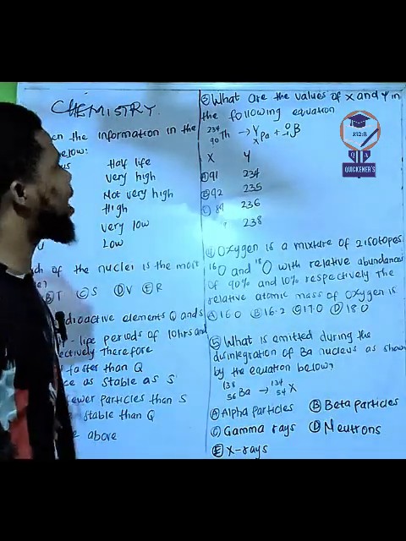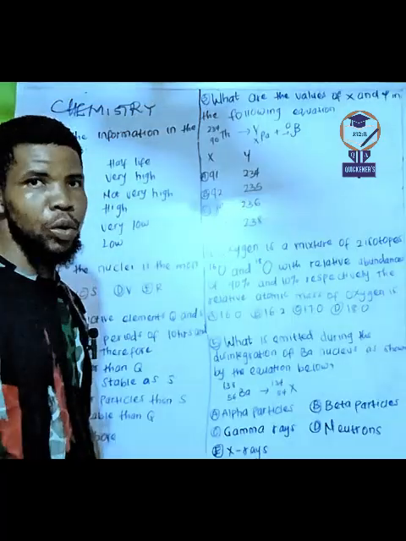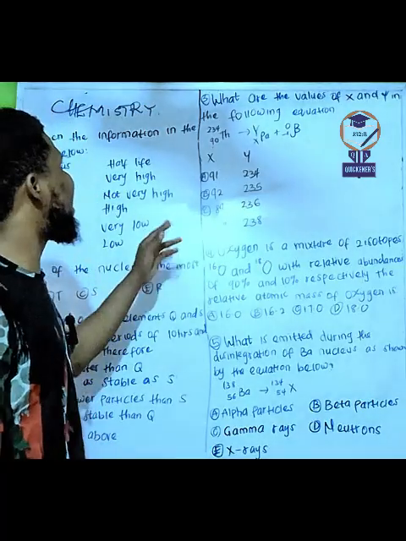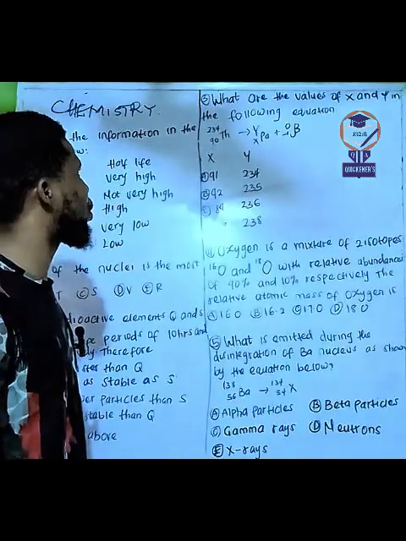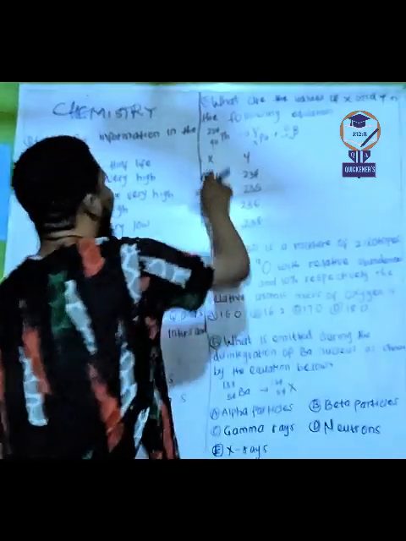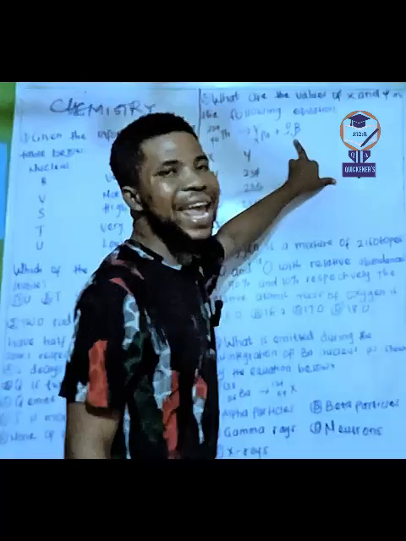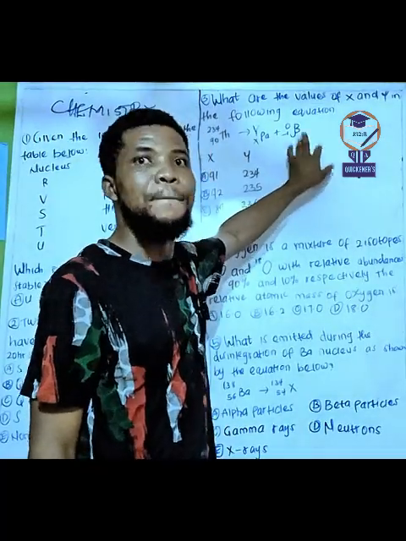What are the values of X and Y in the following equation? So you have 2, 3, 4, and 90. So it became by beta particle. This is a beta particle.